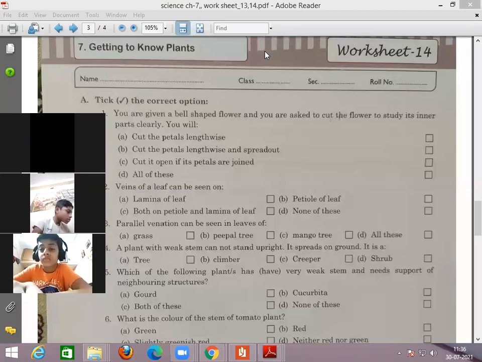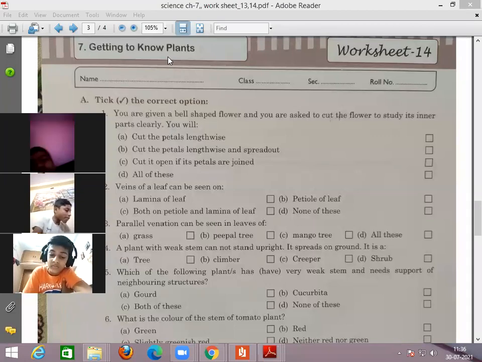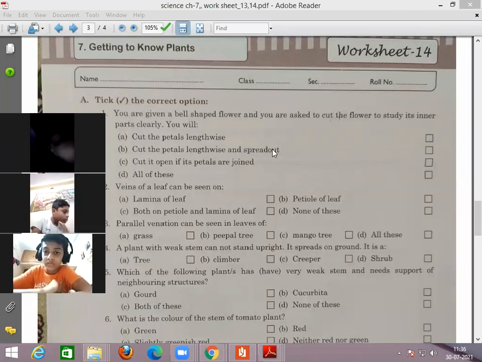Your A part: you are given a bell-shaped flower and are asked to cut the flower to study its inner parts clearly. So what you have to do? Cut the petals lengthwise and spread out.